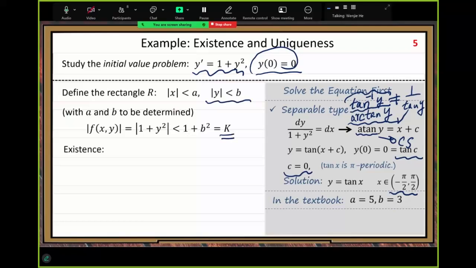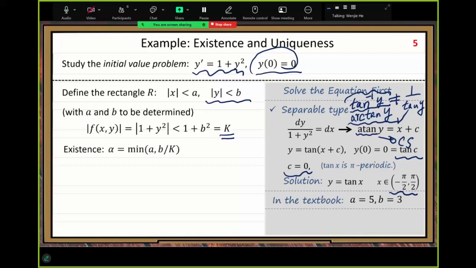Then existence. The continuity condition is already satisfied, because the f function is a continuous function. Then the bounded condition is also satisfied.